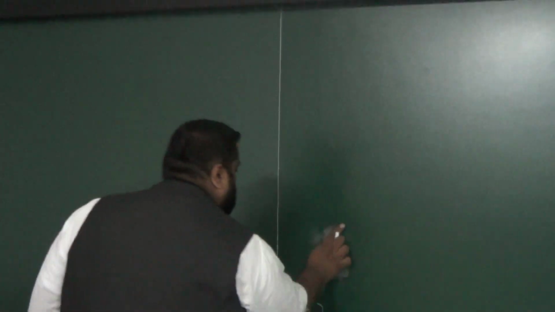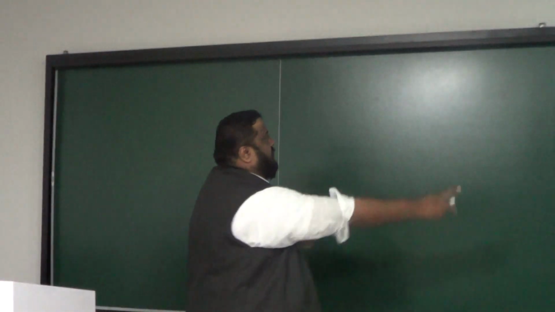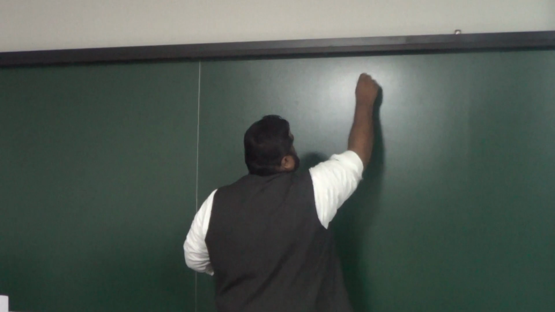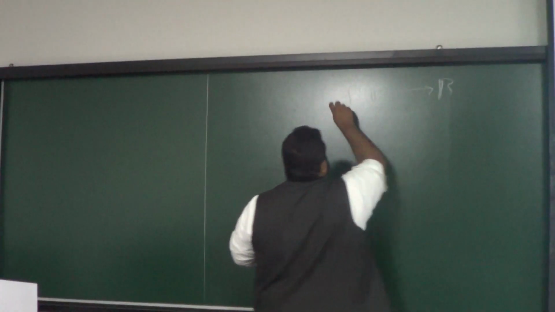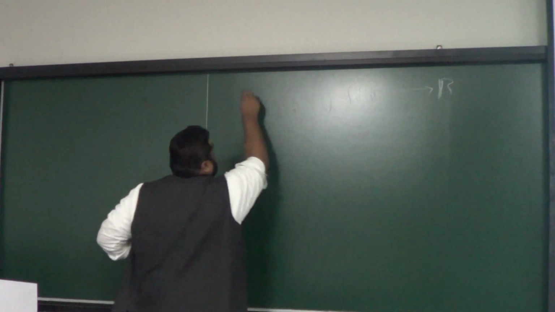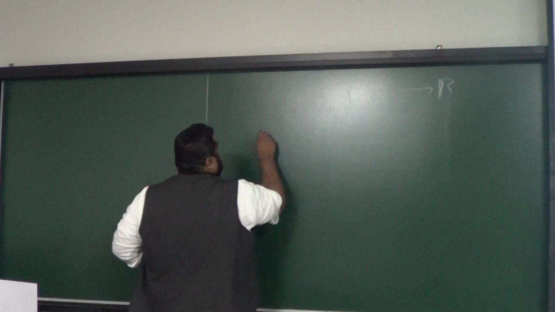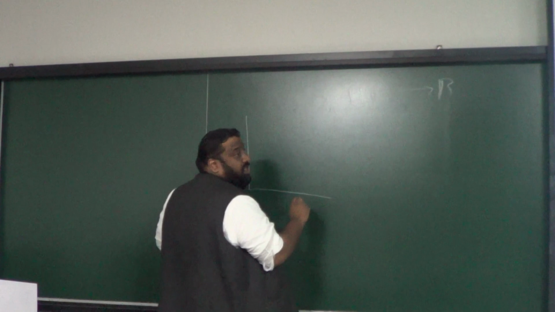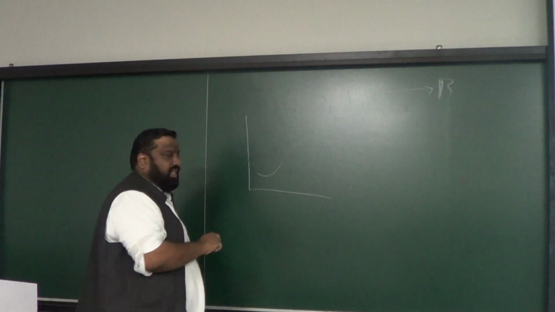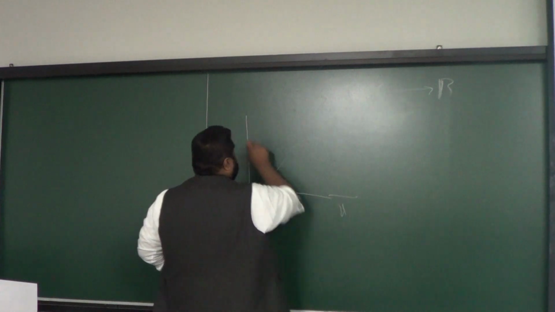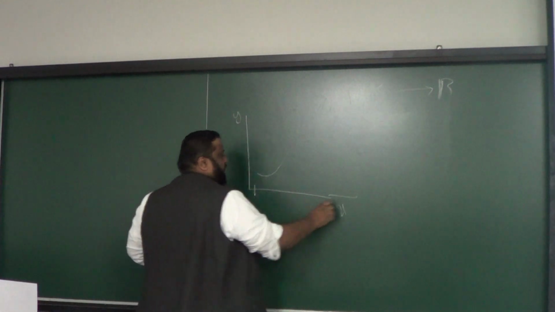Let's do it once again. We said that if you have a map from R to R, then when we see the graph of such a map, you're going to get a curve in two dimensions, the x, y plane.